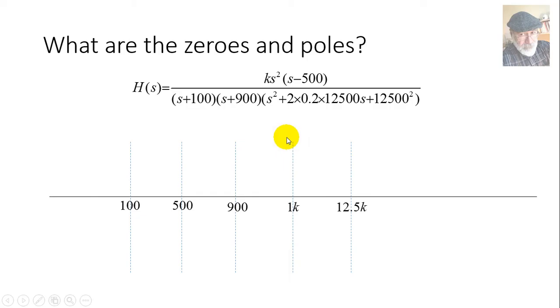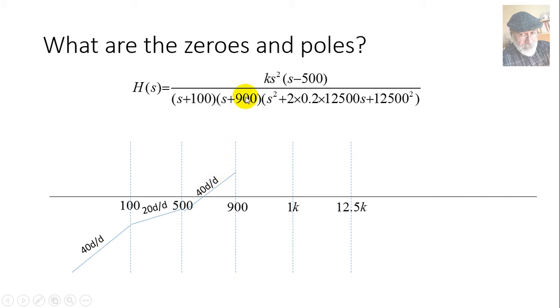And we begin. We enter from the left according to this double 0 at 0 with a slope of positive 40 decibels per decade up to the first corner, where this pole reduces the slope by 20 decibels per decade. And then here is another 0, this one, that increases the slope by 20 decibels per decade to 40.